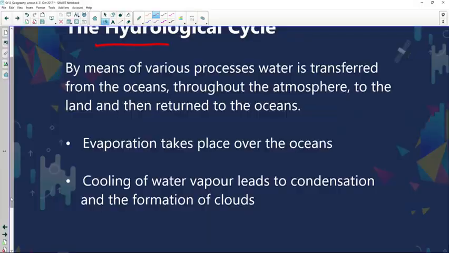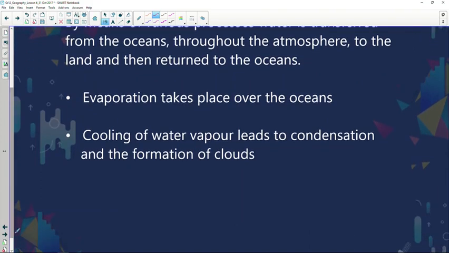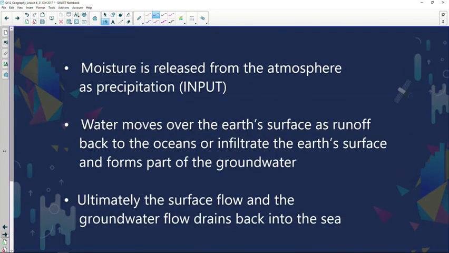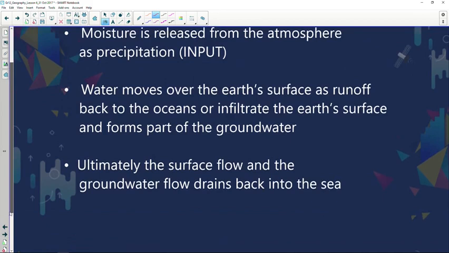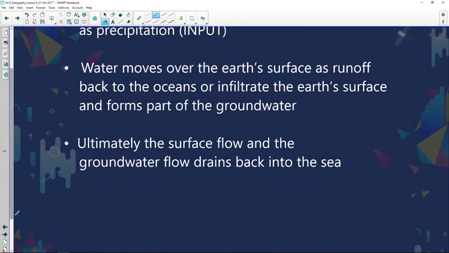Evaporation takes place, the water vapor cools down, and that's where condensation takes place at dew point temperature. Moisture is released as precipitation, that's rain, and there's surface runoff or indirect runoff where it infiltrates and, ultimately, flows back into the oceans.